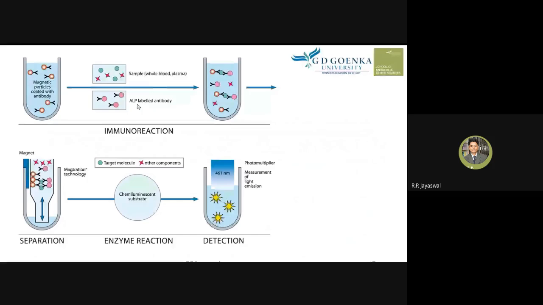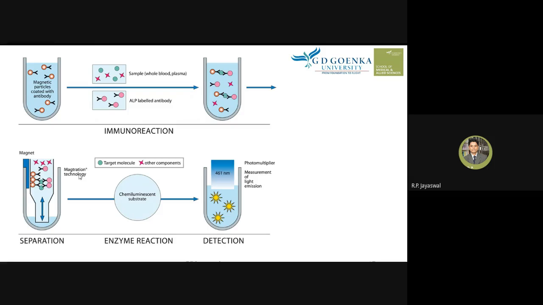ALP means alkaline phosphatase labeled antibodies. So let's say the primary antibodies are usually coated on the magnetic particles, and secondary antibodies are usually alkaline phosphatase labeled antibodies. Between both of the antibodies, the antigen, which is beta HCG, is sandwiched. So you can see the sandwiched form of the antigen between the primary antibodies and secondary antibodies.